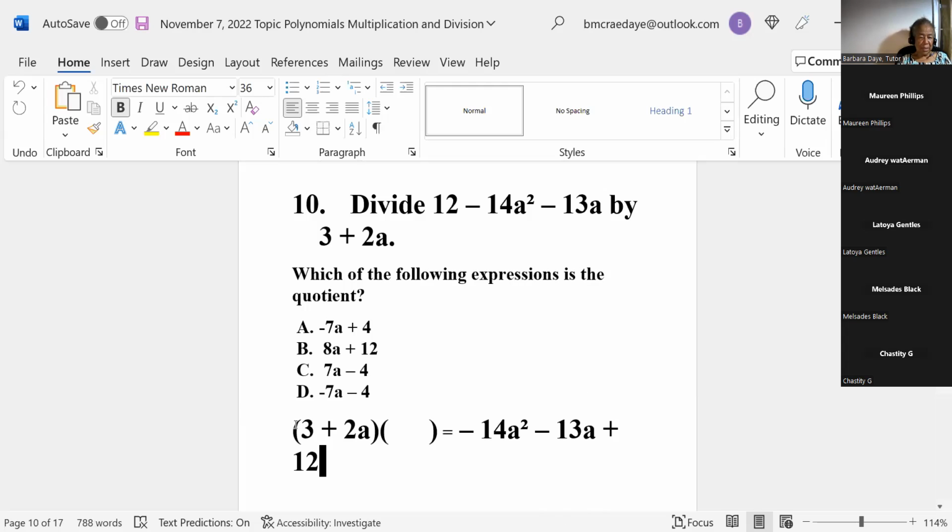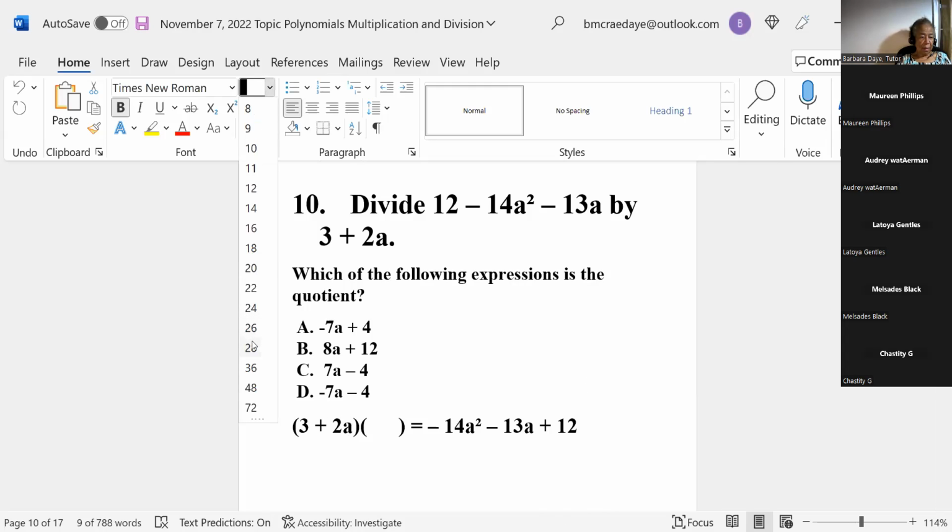Everybody following? Let's see if I can make that a little smaller so you can see it all on one line. Can everybody see it? Okay. Now, 3 plus 2a times some term gives this polynomial, right?